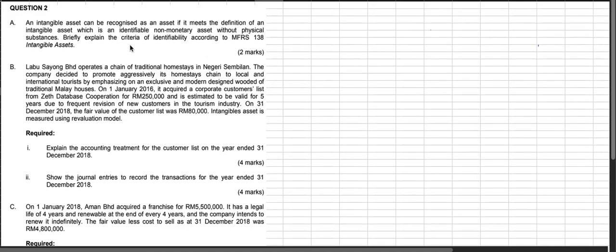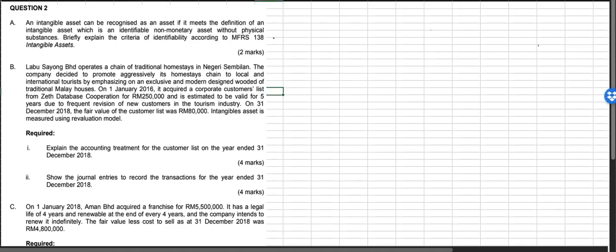So under intangible asset, it is recognized as an IA if it fulfills the recognition criteria as well as the three characteristics of an IA. The three characteristics are identifiable, controllable, and provide future economic benefit. So this question asks specifically on identifiability.